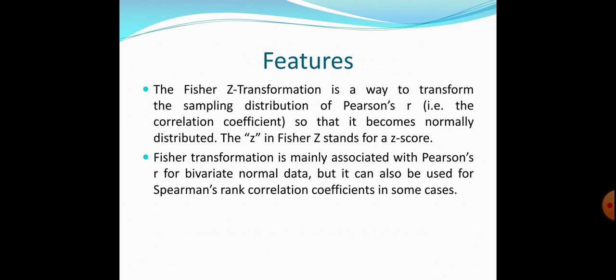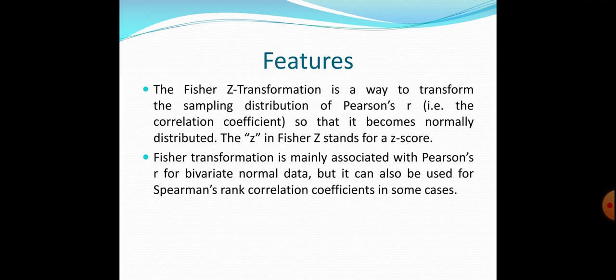The main thing is to transform the sampling distribution so as to make it normally distributed. The Z in Fisher's Z stands for a Z score value. Fisher transformation is mainly associated with Pearson's r for bivariate normal data, but it can also be used for the Spearman rank correlation coefficient in some cases.